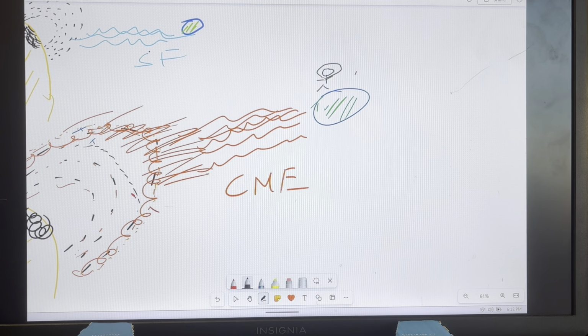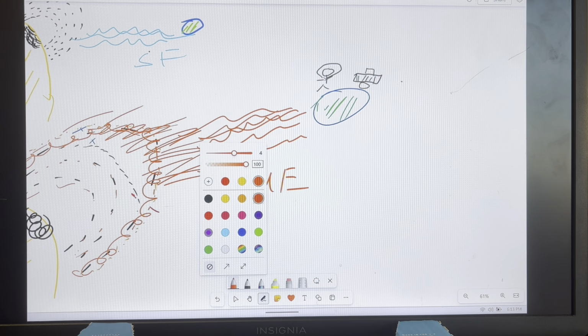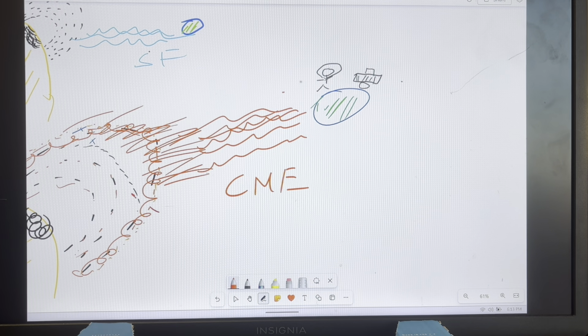And let me draw this right there, little lines, a little box and a circle. That's going to be my satellite. So what ends up happening is during this coronal mass ejection, this astronaut just gets bombarded with all these particles, right?